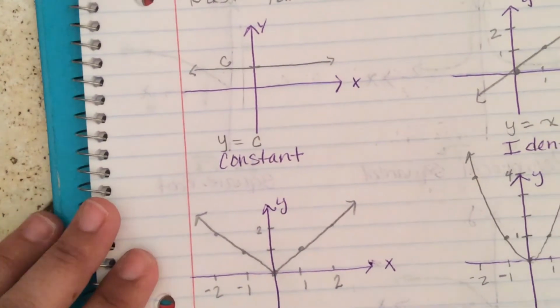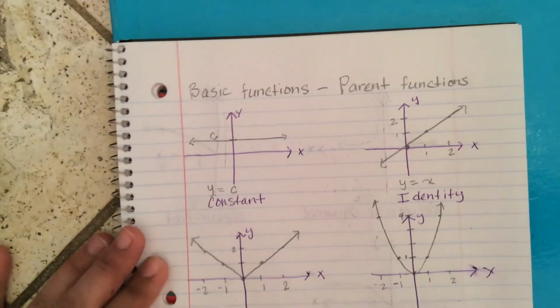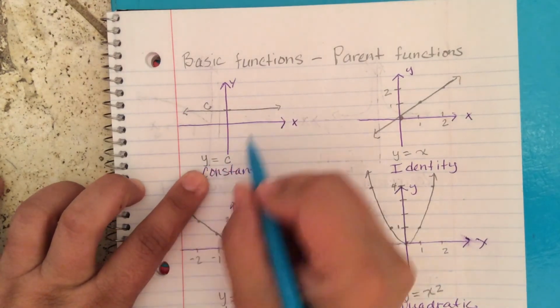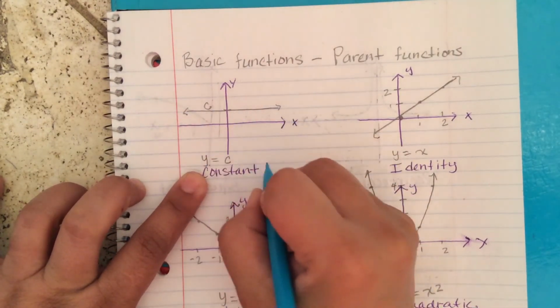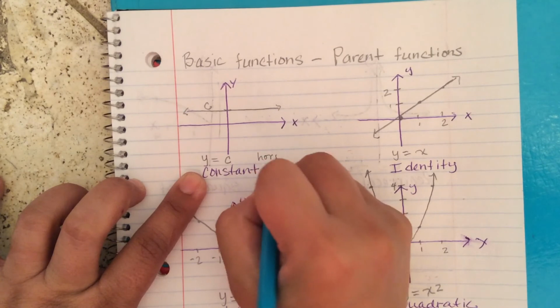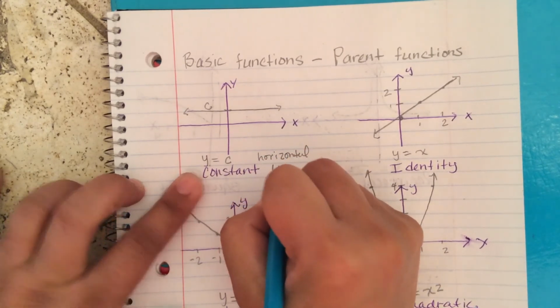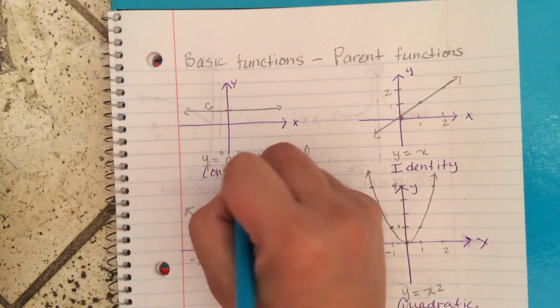And then the very last thing that you're going to learn about is the basic parent functions. You guys should already know about this. The constant, y equals c, is just a horizontal line. So c is just any number.